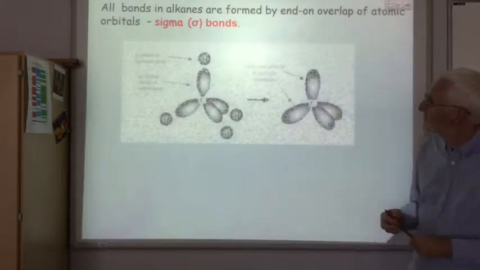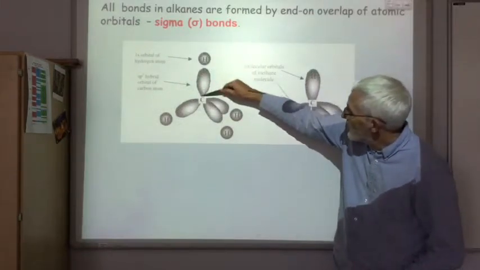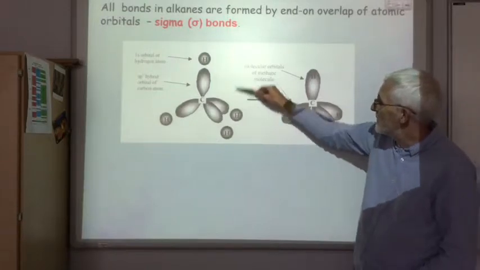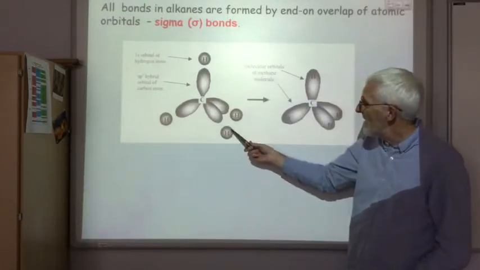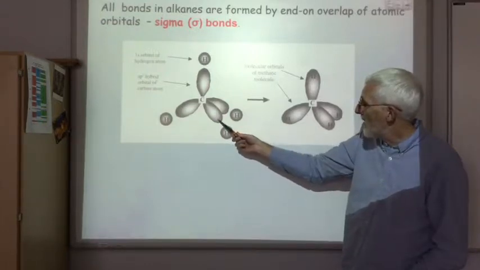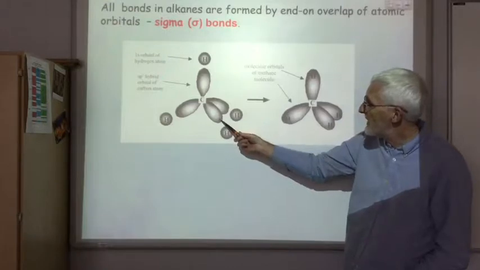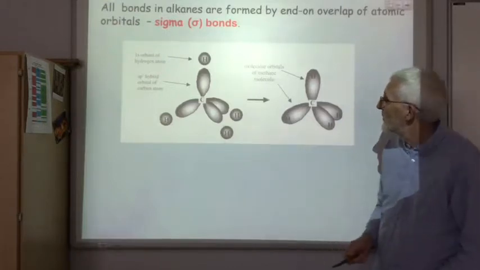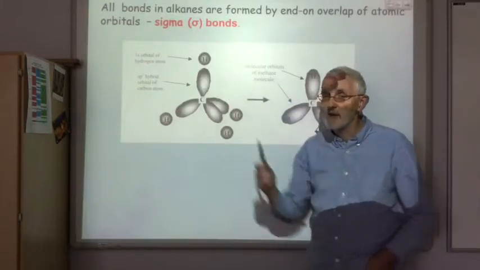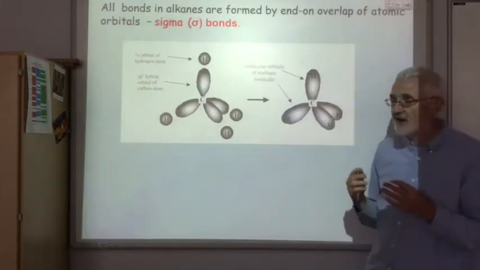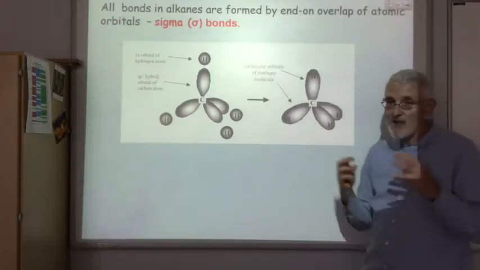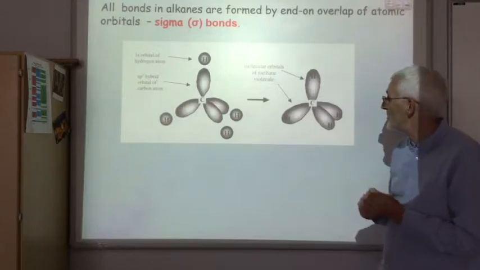So if you imagine, here's your 4 sp3 atomic orbitals of the carbon, here's your atomic orbital for the hydrogens, and the hydrogens just overlap at the end of the sp3 orbital, forming what's called a sigma bond. So a sigma bond is characterized by this end-to-end overlap. End-on overlap gives you a sigma bond.